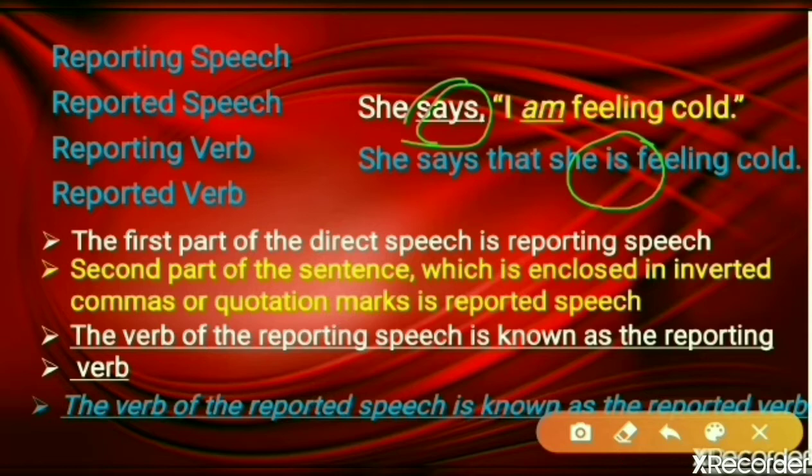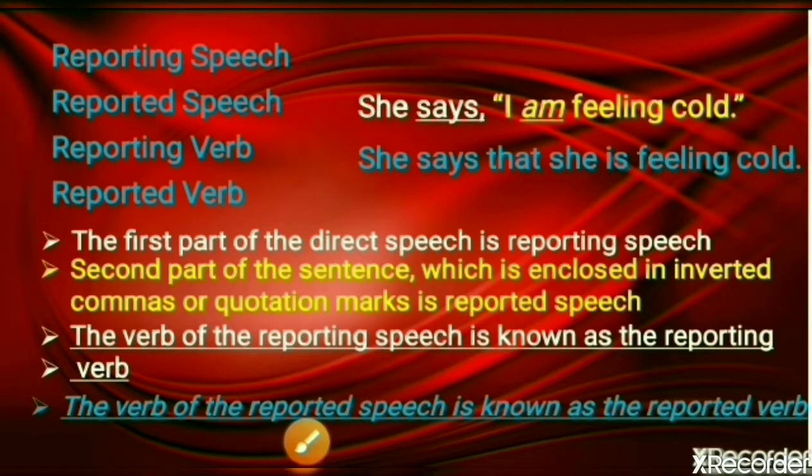If the reporting verb is in present tense, then when you convert direct speech into indirect speech, the tense will not change. It did not change into was. It remained as is.